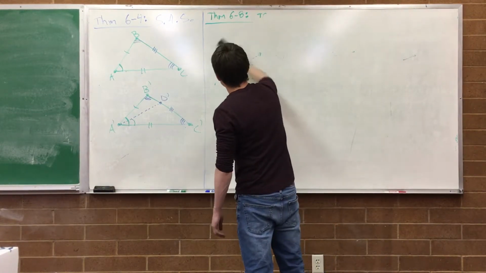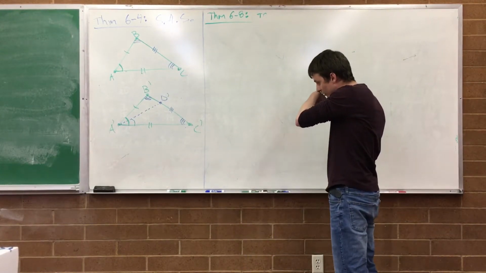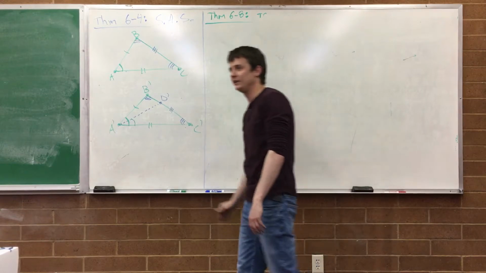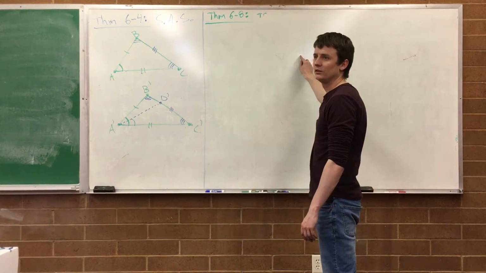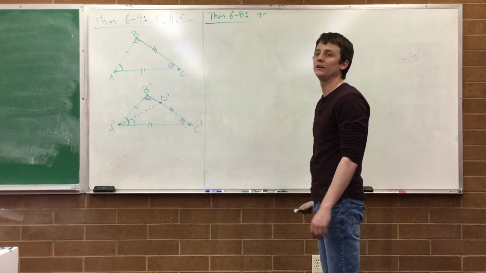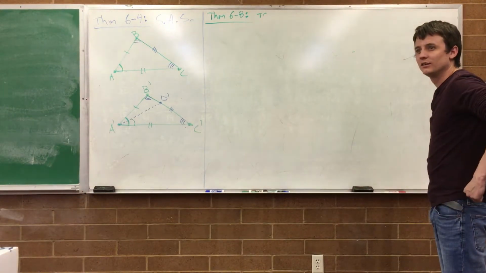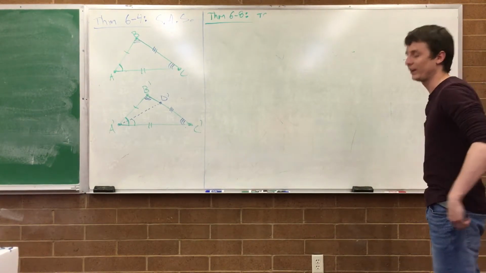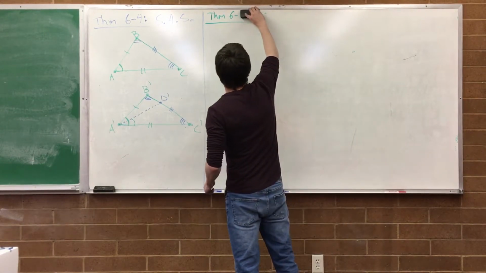We proved something along the lines of: an angle that's congruent to a right angle is also a right angle. That sounds right. Yeah, that's what we proved. So now this one is saying all right angles are congruent.